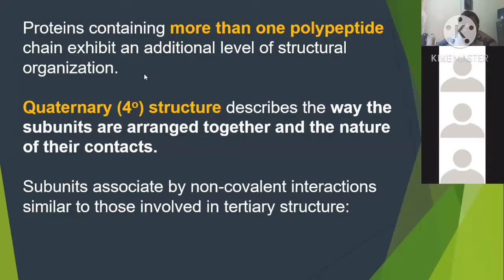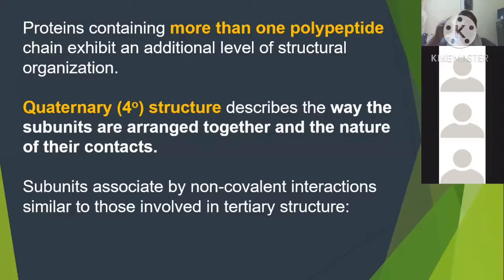Okay, so this is quaternary structure, or in other words, quaternary structure describes the way in which the subunits are arranged together. If there are more than one polypeptide chains, it is the arrangement between the first unit and the second unit, or if there are three polypeptide chains, the linkage between the first and the second, the first and the third, or the second and the third.